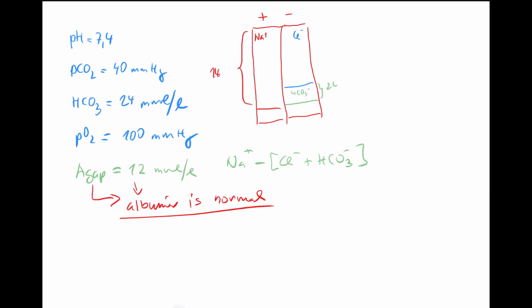So this is 24, okay? And this is like 100, let's say, or 90. Then there is the rest of cations like K plus whatever, and this over here is the anion gap, and this is 12.